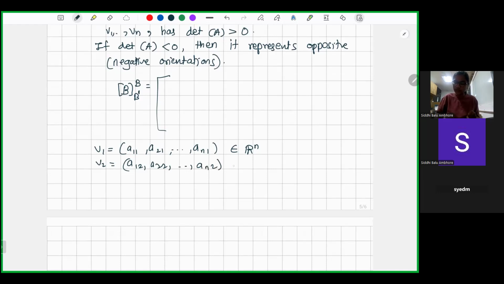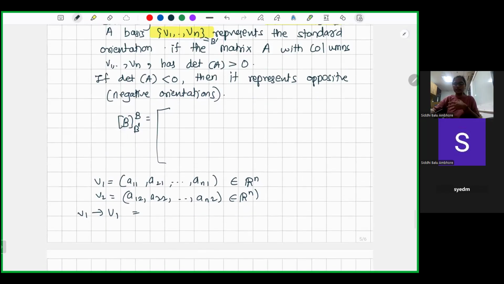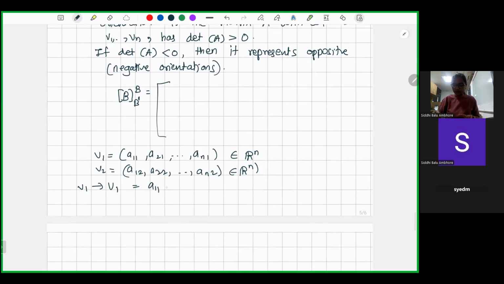So when I write V1 and try to express it in the standard basis format, it will be A11 E1 plus A21 E2 plus AN1 En and so on.